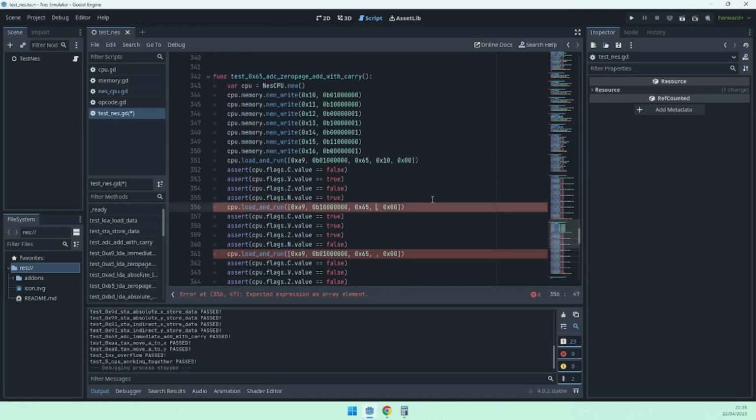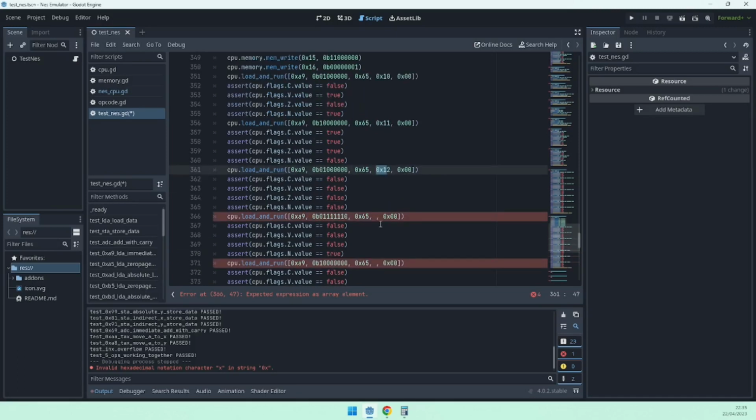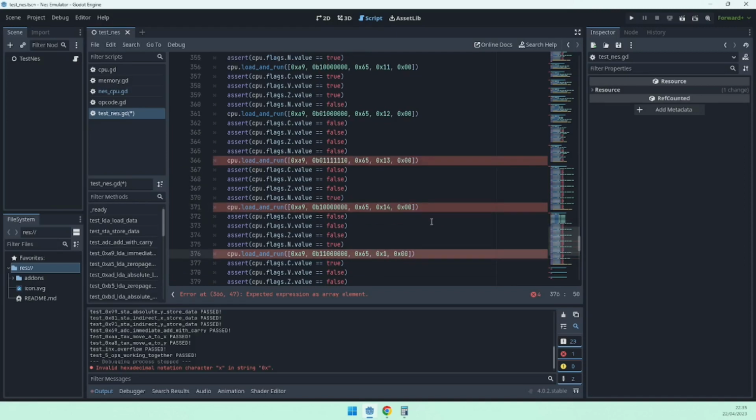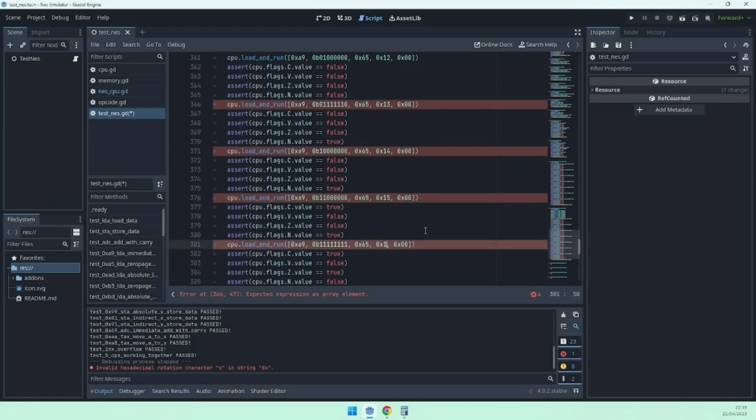And now I can use 0x11, 0x12. I will copy this first part. 13, 14, 15, and 16.